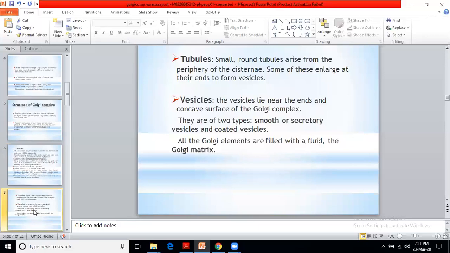Means these clathrin coated vesicles are very important in secretion.